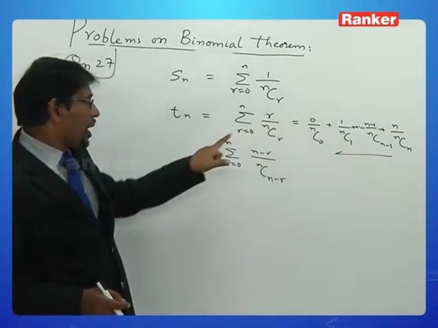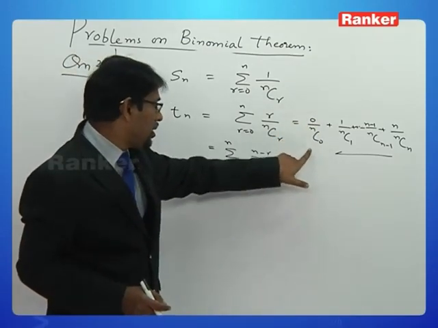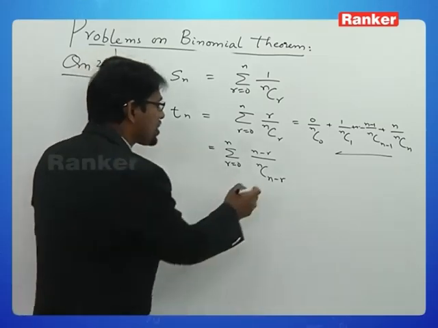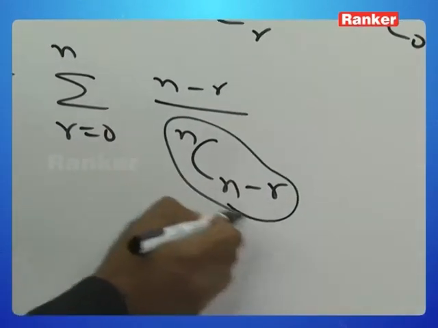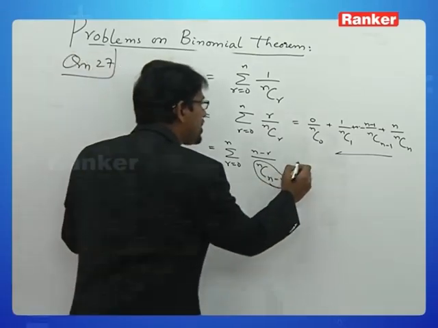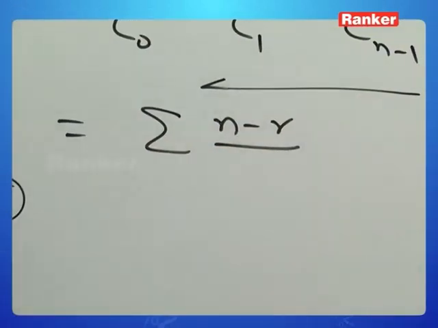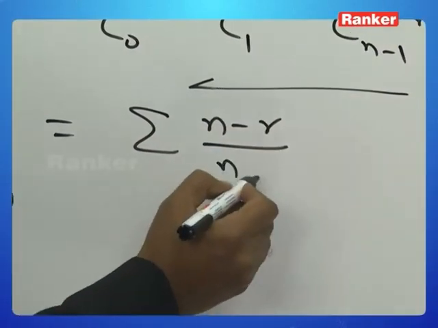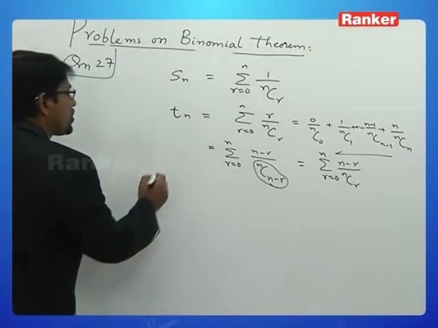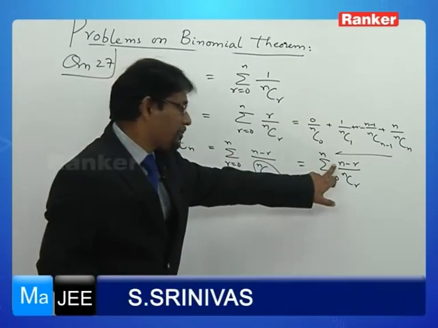So on, coming back. When I put r equal to n, I will get 0 by nC n minus n, that is nC0. But have a look at this denominator here. nC n minus r is nothing but nCr. So we can replace the denominator of the summation here as nCr, r ranging from 0 to n. So this Tn has been alternatively written in this way.